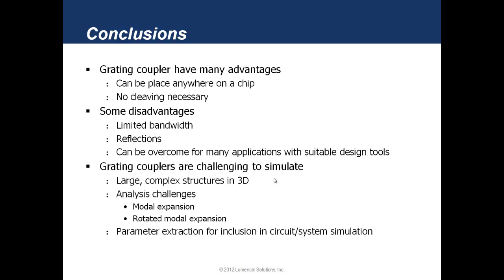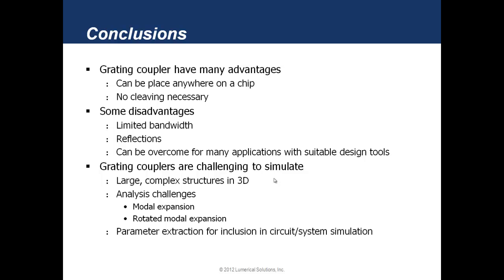The grating couplers generally are challenging to simulate. These structures are very large in 3D, and yet they're also high index contrast structures that require a method like FDTD. There are also many analysis challenges. It's not really sufficient to just figure out how much light is transmitting through a certain surface. We actually need to know how much light is propagating in a particular mode, in this case the fundamental mode.